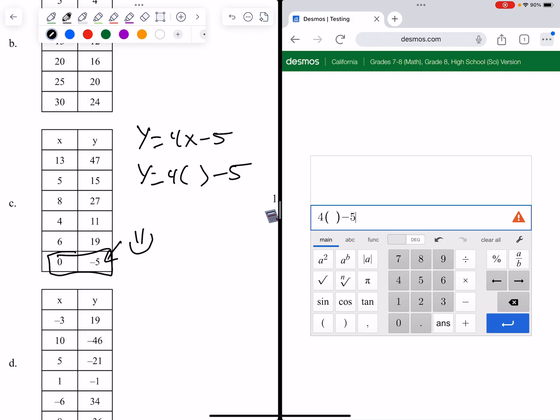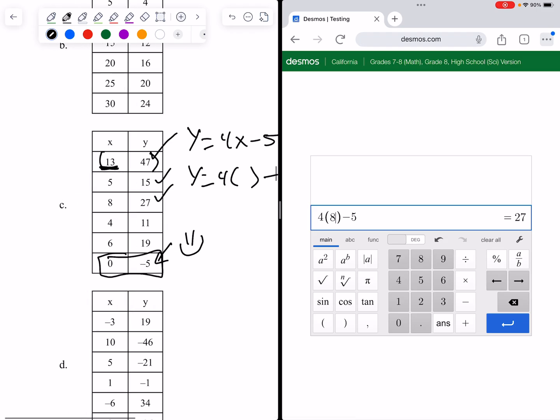Now remember, these are my x and my y coordinates, so I just have to check to see if they work out. So if I plug in 13 right here for my input, did I get 47? Yes. Let's try 5 to make sure. Did I get 15? Yes. If I plug in 8, did I get 27? Yes. So I assume the other ones are correct, and in this case, that one is my answer.